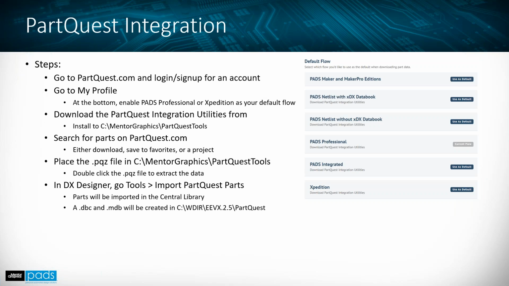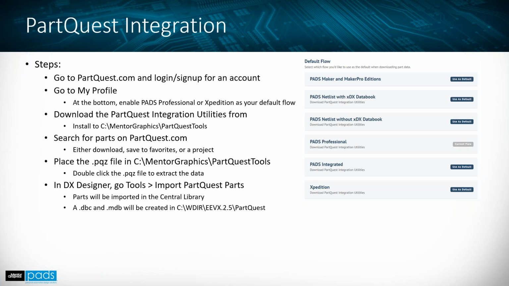Or I could save them to favorites or a project folder, where I'm able to download every single component in a project folder at once. This can be good for planning your next project. If you know you're going to be utilizing some new components from your library, I can go on PartQuest, look at all my different components that I'm planning on using, place them into a project, and see what I'm missing or what I need to request to be made, for example.